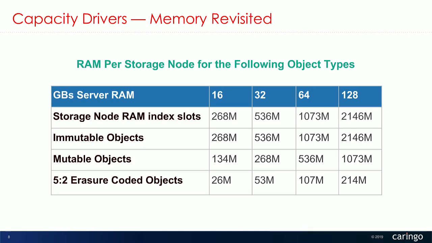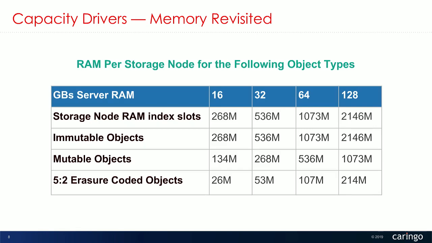And when you dive into the type of objects that you're storing and the type of protection schemes you're going to use, that's going to have an impact on the actual number of logical files that you'll be capable of storing within the storage cluster. Long story short, you can see here demonstrated 5.2 erasure coding, of course, is going to have a cost in memory, where with the same amount of memory, you can only store 26 million files using 5.2 erasure coding.